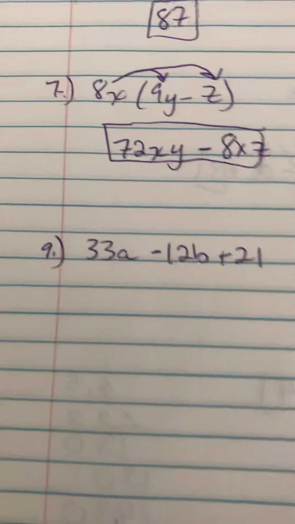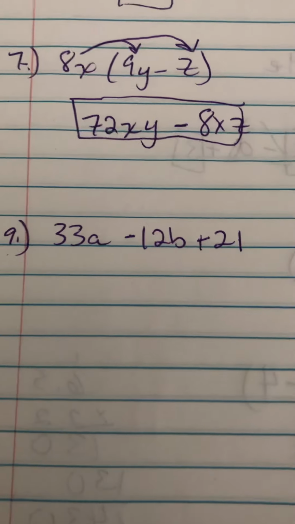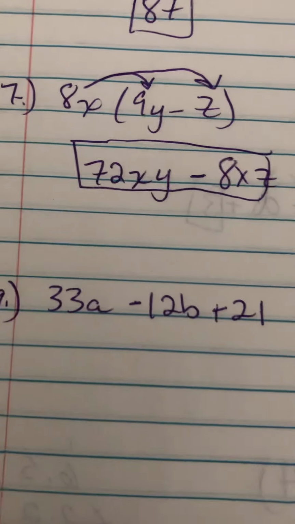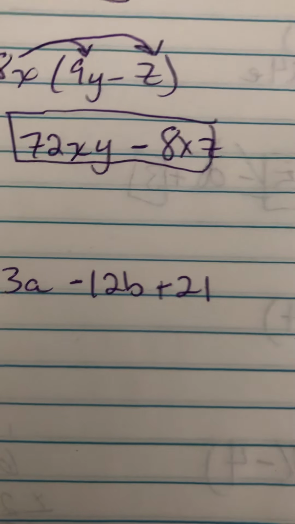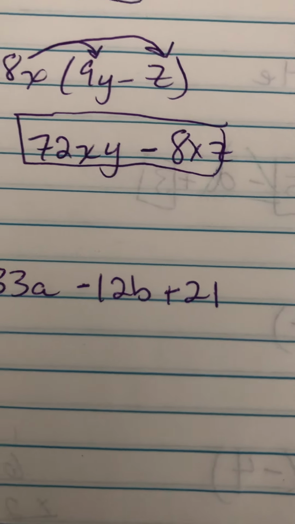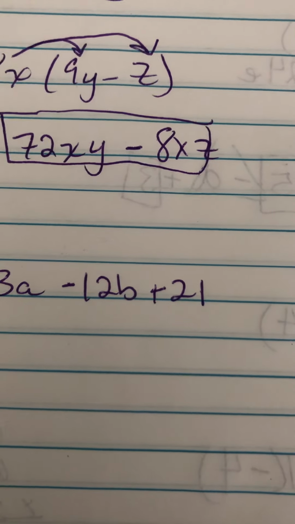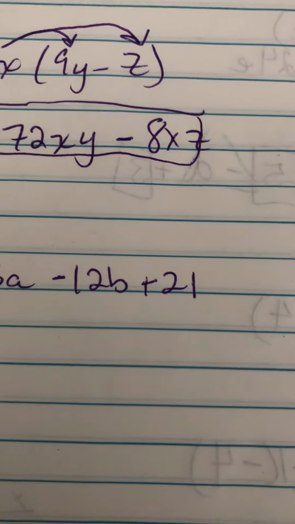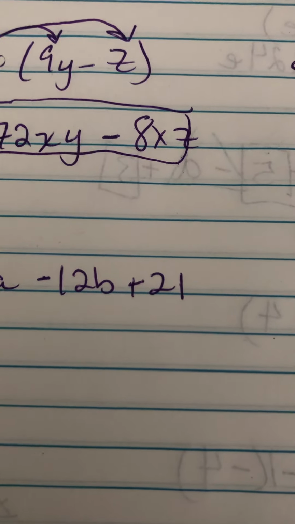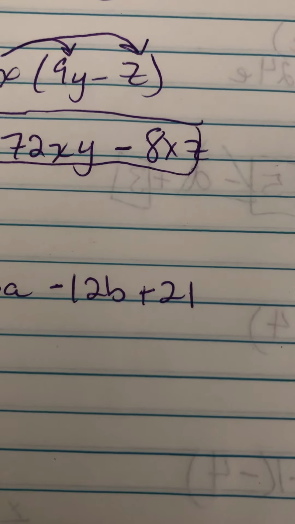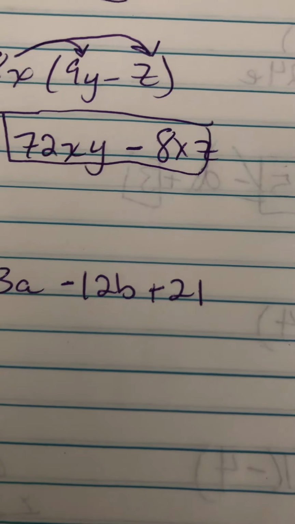Okay, so let's go ahead and take a look at number 9 again. Is not equivalent to the other 3. So we have negative 33a plus 12b minus 21. So 24 minus 9.